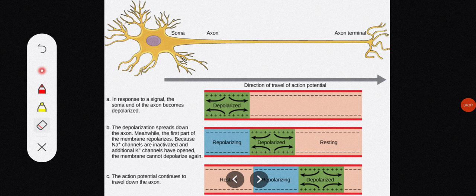We cannot insert an electrode into an individual cell of the heart. So we will use electrodes at the surface of the body, which will pick up the combined effect of the action potentials of a large number of heart cells. This is how bioelectric potentials are measured.